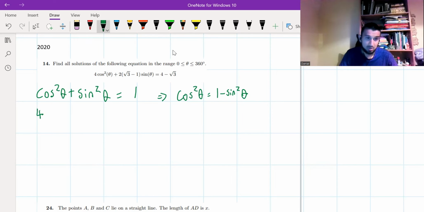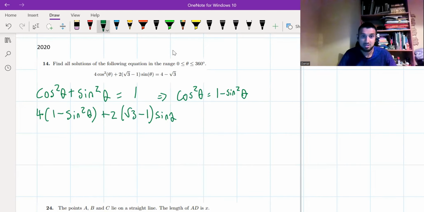So this would become 1 minus sine squared theta plus (2 root 3 minus 1) sine theta. And whilst we're here, we might as well move the 4 minus root 3 to this side, so that becomes minus 4 plus root 3 equals 0.